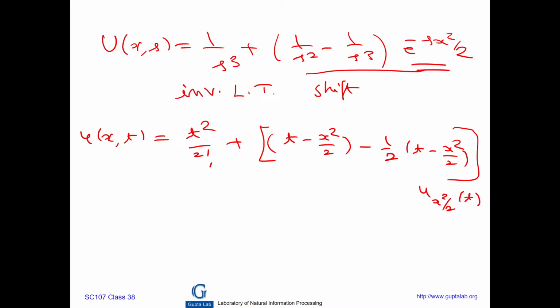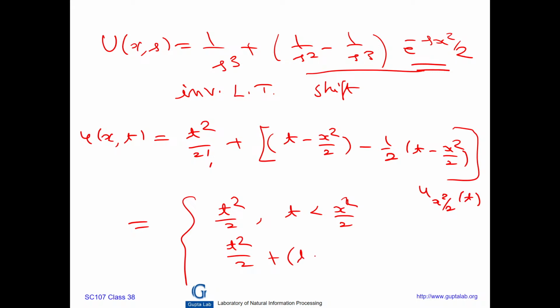That can be broken into t squared by 2 when t is less than x squared by 2, and t squared by 2 plus (t minus x squared by 2) minus half times (t minus x squared by 2) whole squared when t is greater than or equal to x squared by 2.